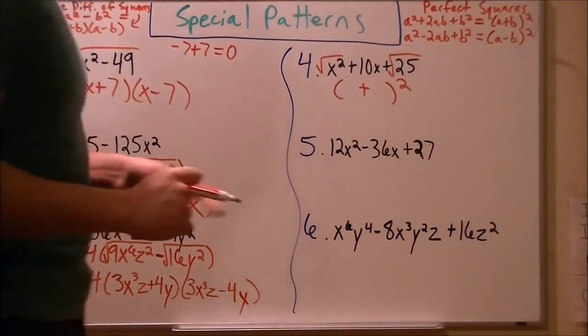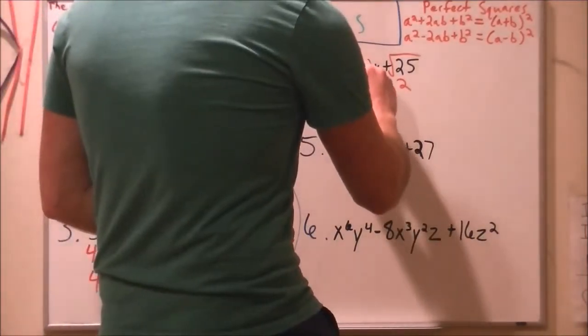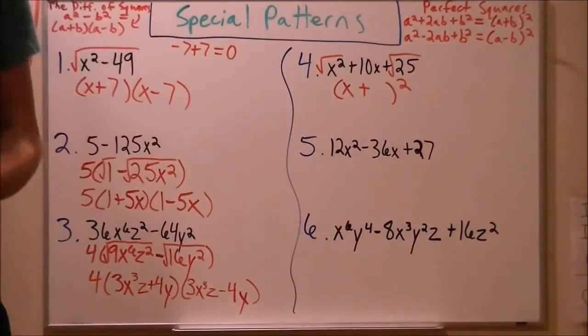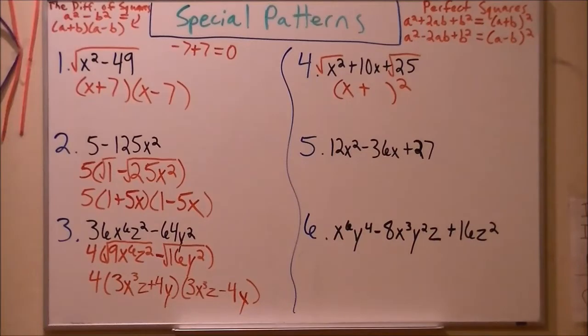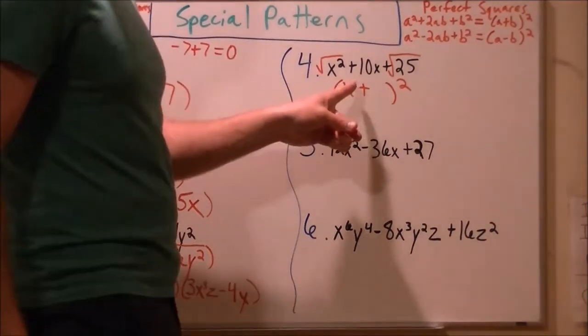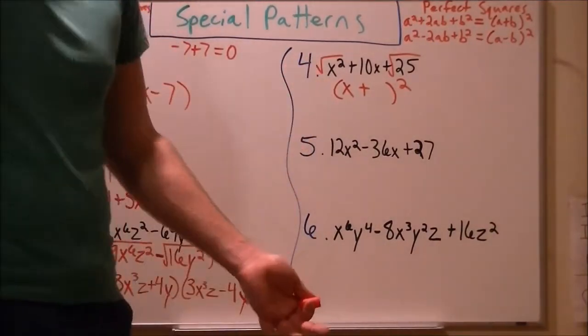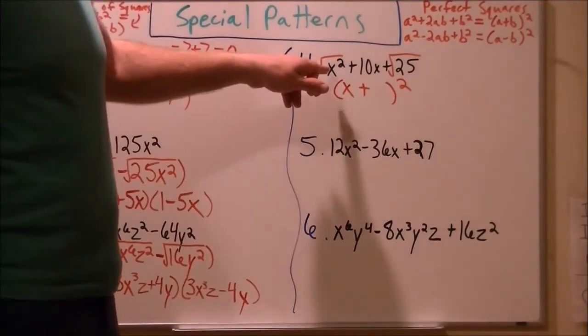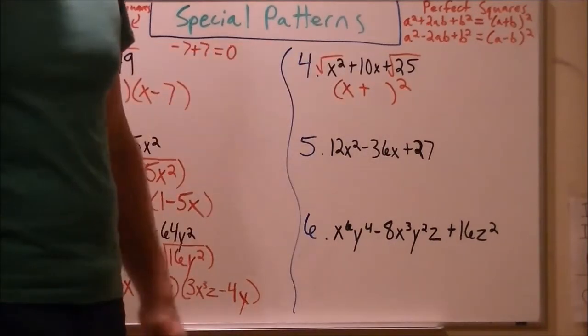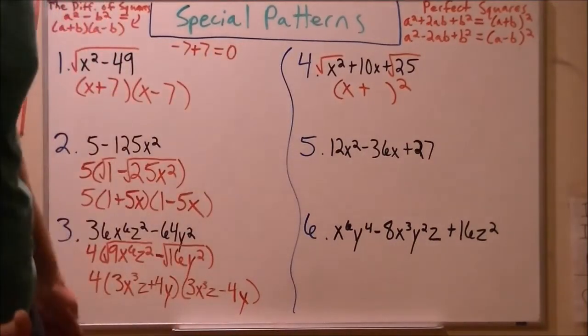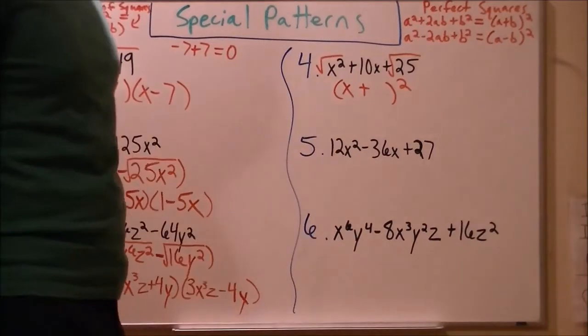What's 2 divided by 2? That's 1. And because I don't express that as an exponent, it's just understood, I simply write x. In other words, x times x gets me to x squared. Therefore, the square root of x squared is simply x.